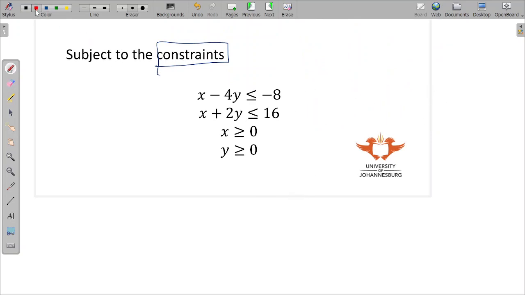Let me label these constraints. I have this one as 1, this one as 2, this one as 3, and this one as 4. Okay, those are my constraints.